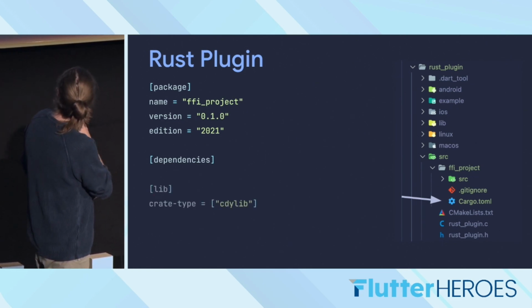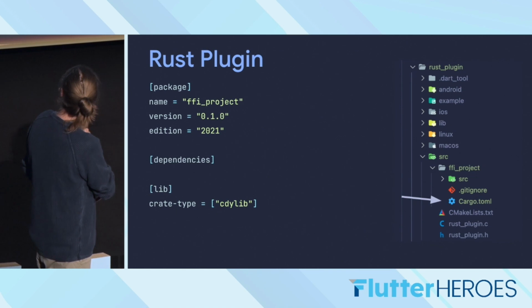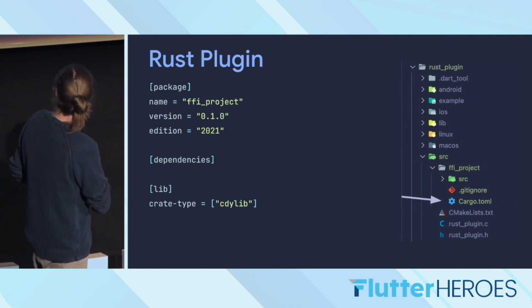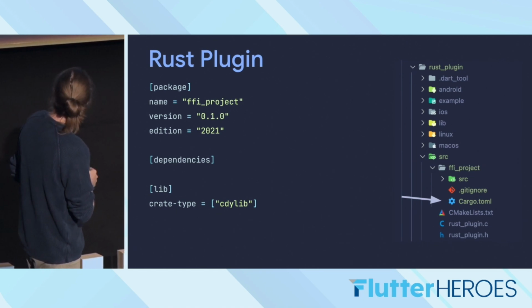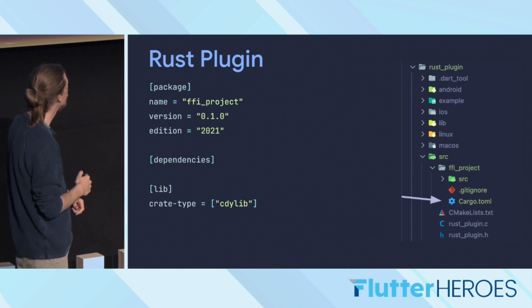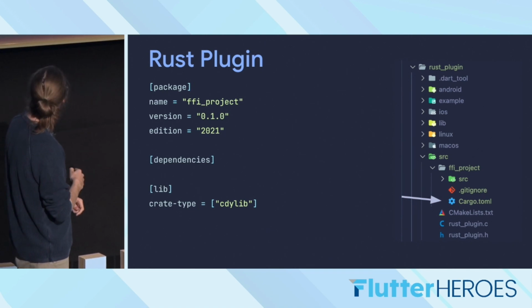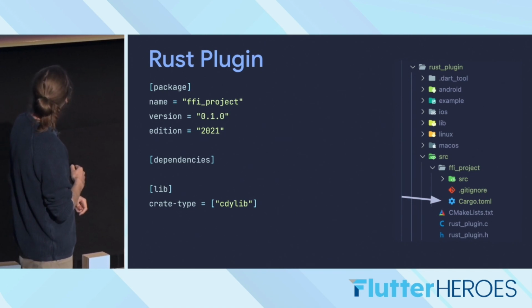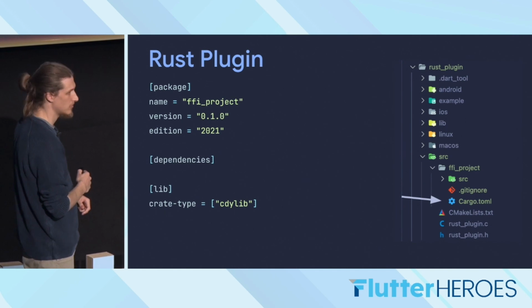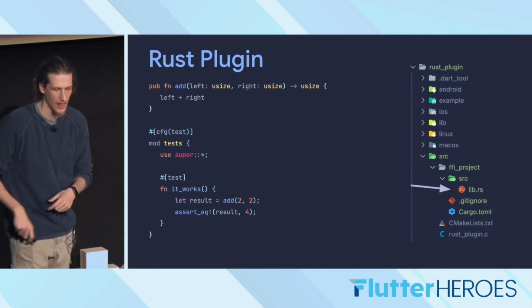And under the lib section, we are going to add that line, which is going to tell cargo to create a C dynamic library, okay, after compilation.